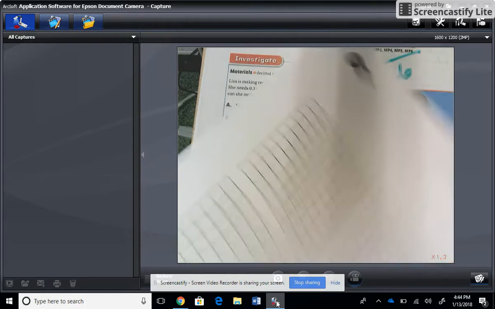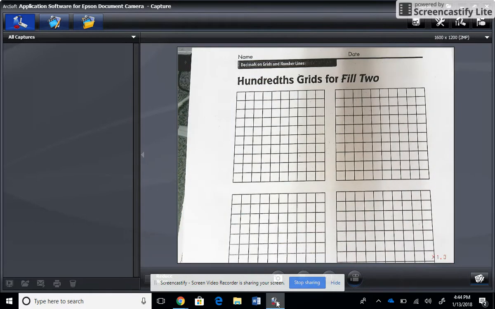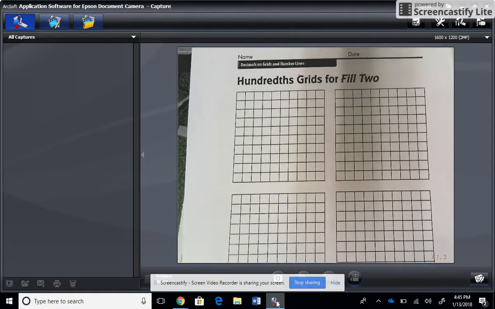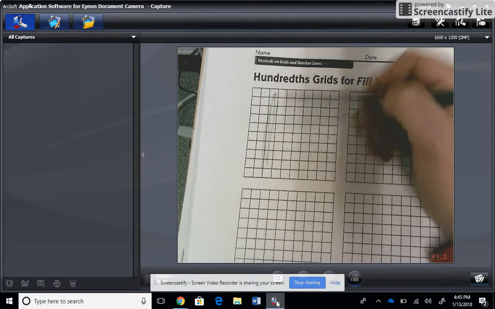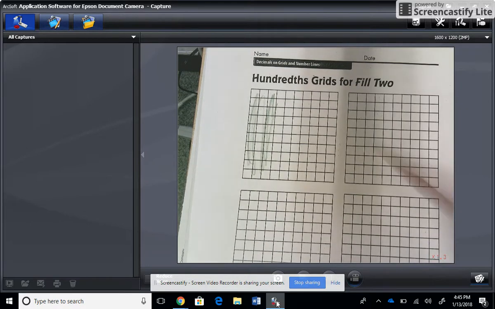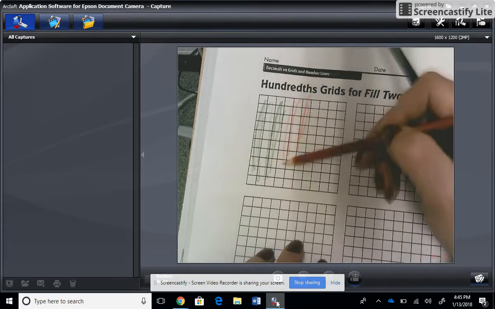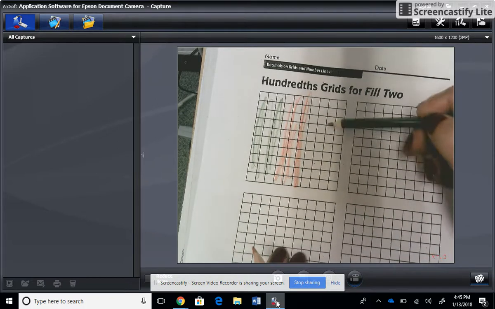So if we're going to model that by shading it, we have to color in 3/10. That's 1. So please be doing this so you understand what you're doing.